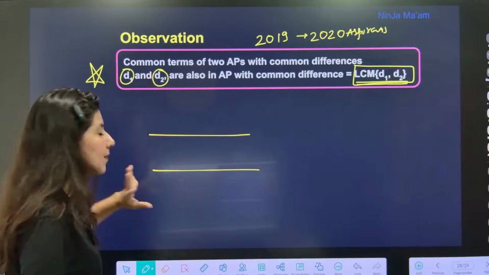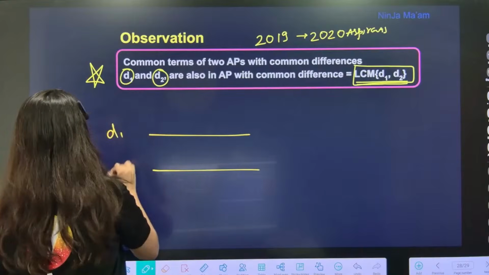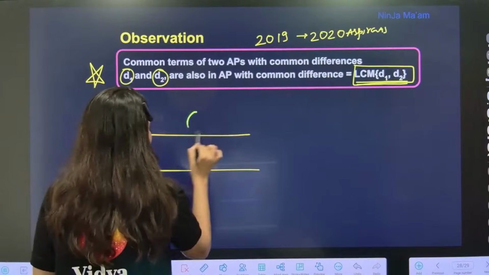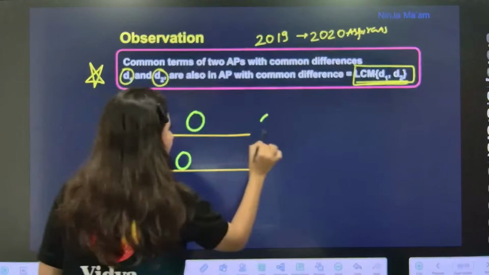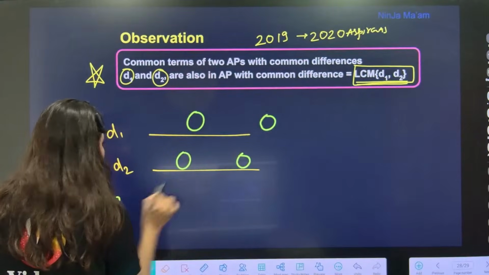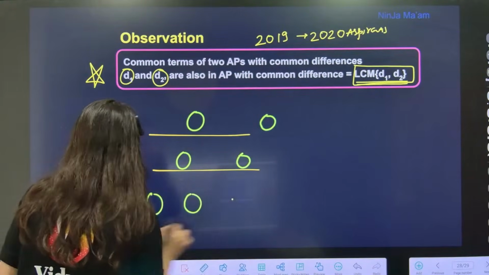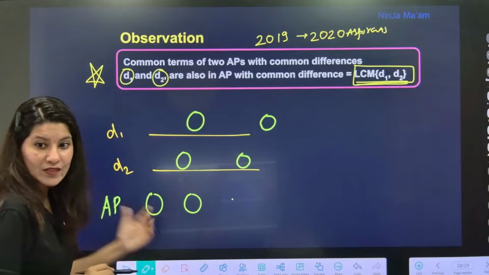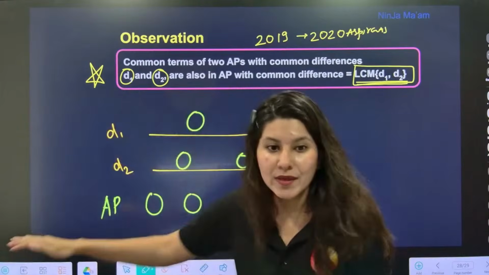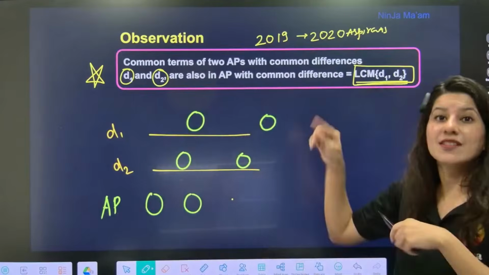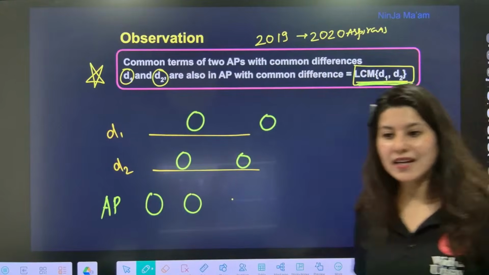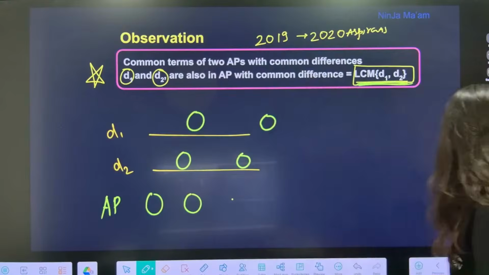You can point out that there are some common terms. If you collect all the common terms and form a new series, that new series will be an AP with common difference LCM of D1 and D2.